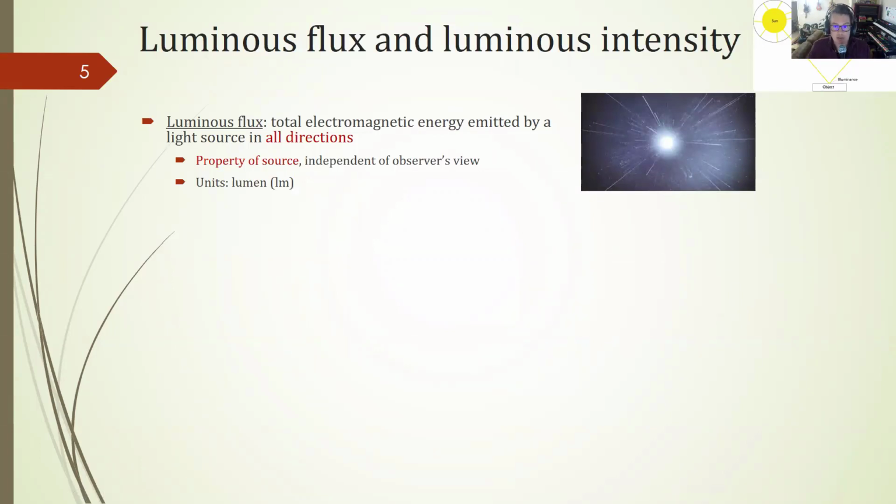So this defines all of the energy that is in the electromagnetic radiation spectrum, which is all visible light, but also heat, right? Think of the Predator and being able to see, heat sensitive vision. The other thing is this energy goes in all directions.